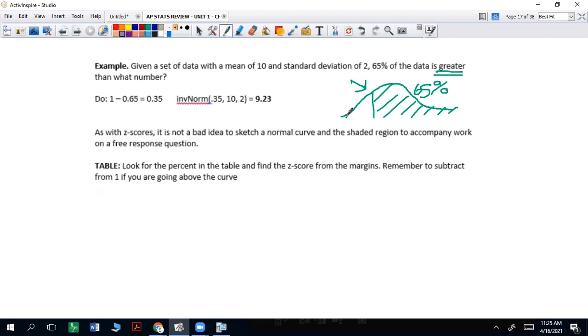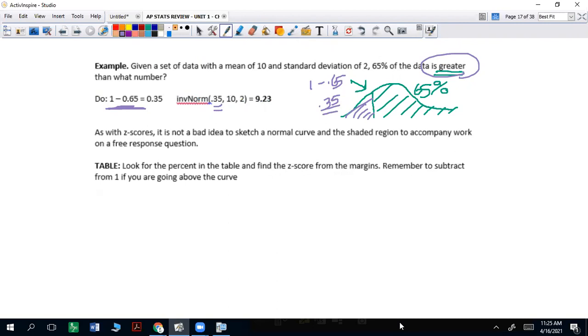So you got to subtract from 1. So 1 minus 0.65 is 0.35. So that's what you want to throw in there if you're going a greater than. So anytime it's greater, subtract from 1, and then do your inverse norm.